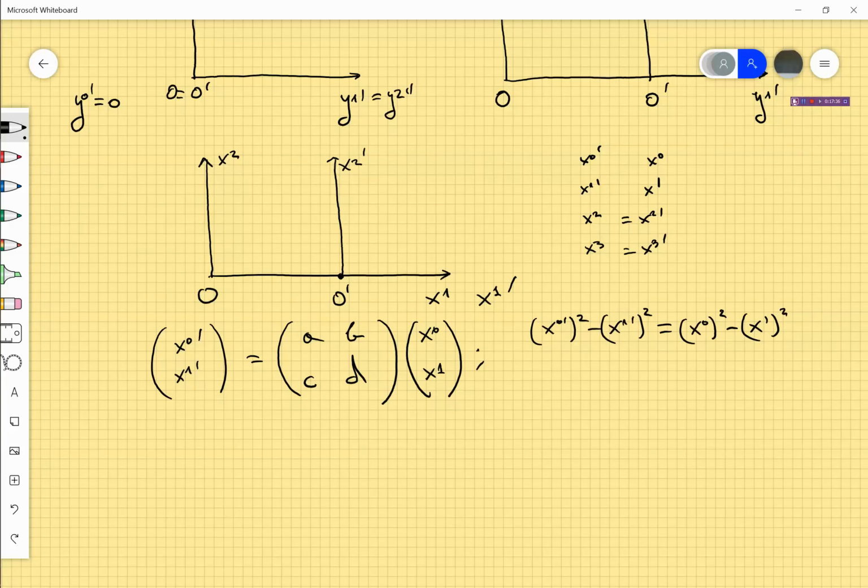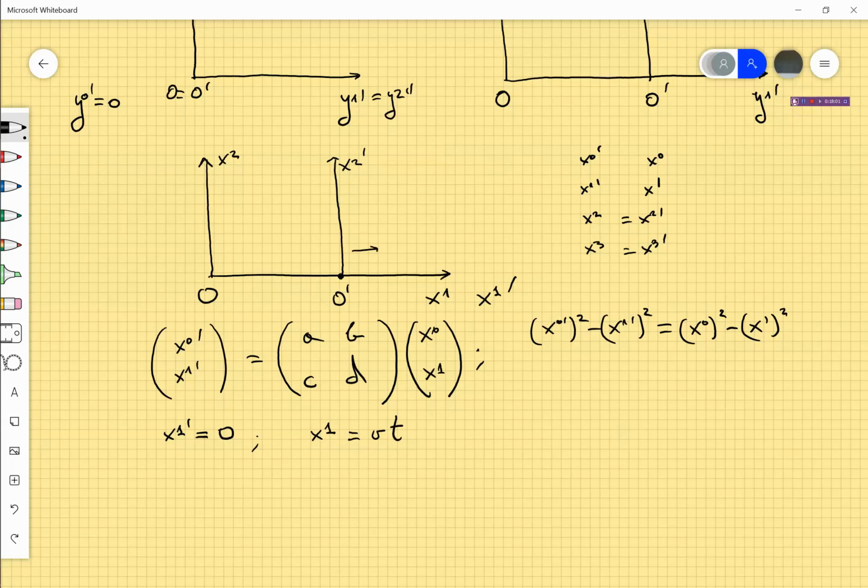And this has to be satisfied. Okay, we know also that when x1 prime is 0, this is the origin of prime. Okay, x1 of this point is v times t.